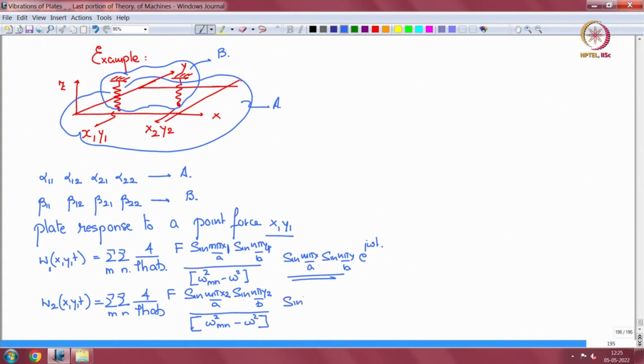Again mode shape sine m pi x by a sine n pi y by b e to the power j omega t.